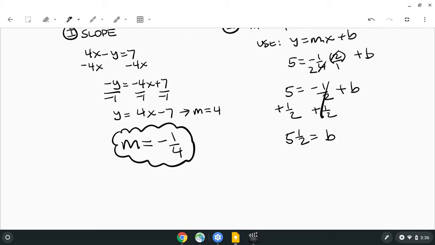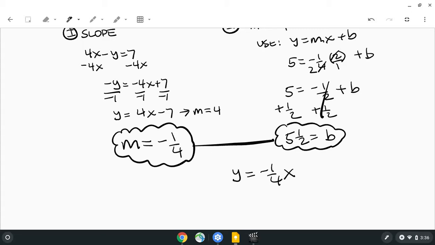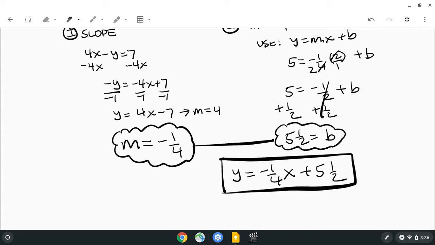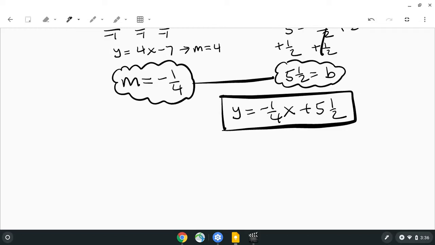All right. So there you go. Once you have m, and you do, once you have these two things, then you have your equation. Y equals m, which is -1/4 x, plus b. So I'm fine if you write plus 5.5. You can write that. This is fine, but your homework quizzes and your tests are all through WebAssign. So see what kind of answer it accepts.